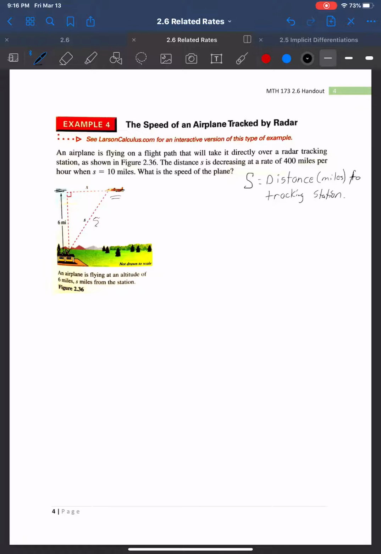But the way you have to think about the perspective here, right? The point of reference is if you're measuring the rate of change of the airplane to the ground, or to the tracking station.